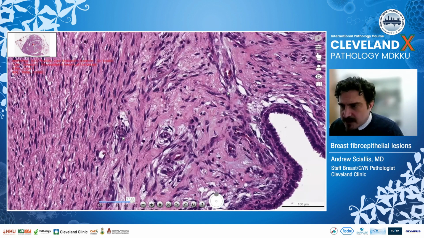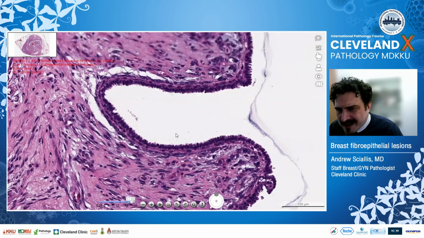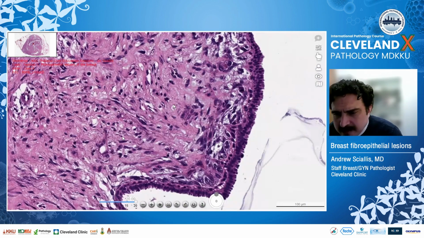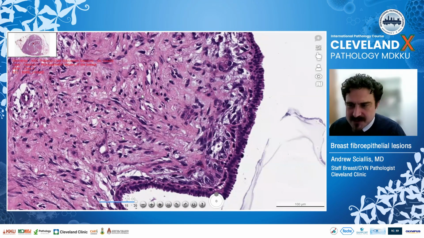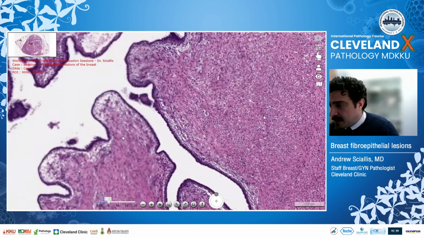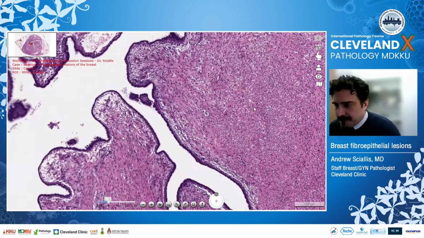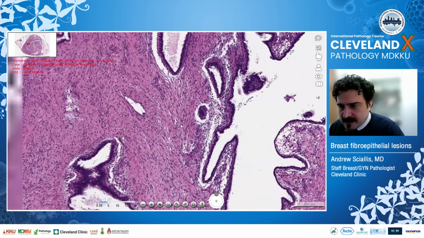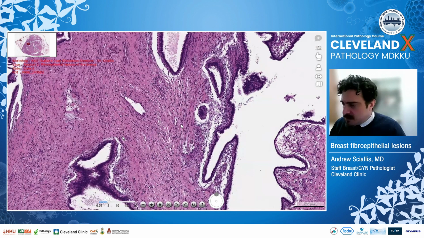There probably are increased mitotic figures in here, but they are hard to find, meaning they're probably not any more than 4 to 6 per 10 high-powered fields. I don't see anything that looks like heterologous elements in the form of osteosarcoma, rhabdomyosarcoma, or liposarcoma, and nothing that looks like defined stromal overgrowth.